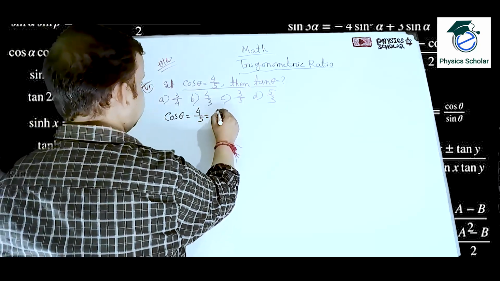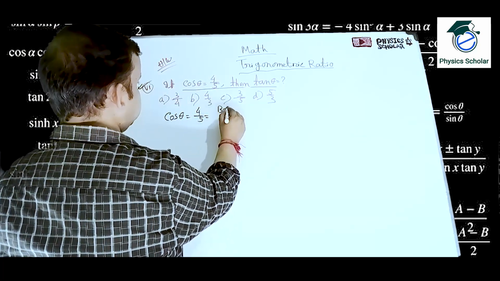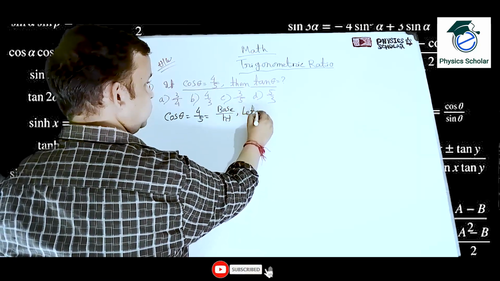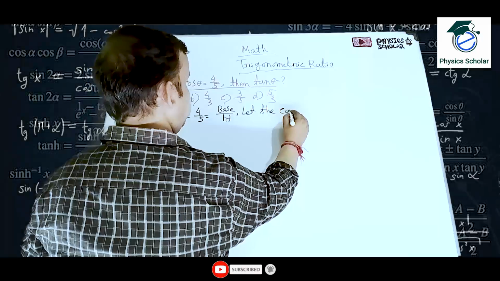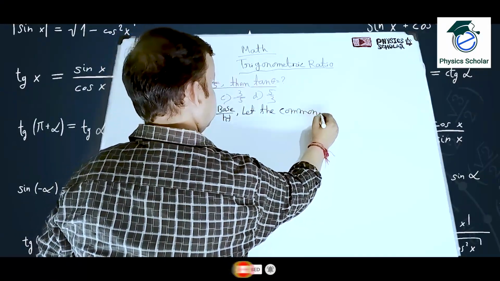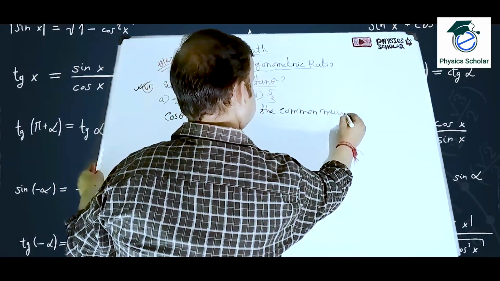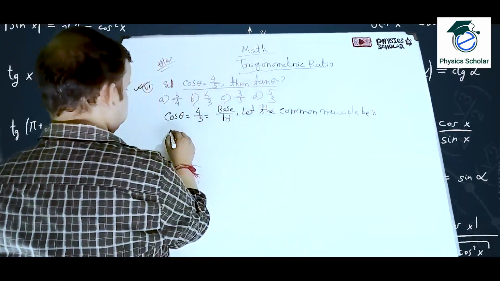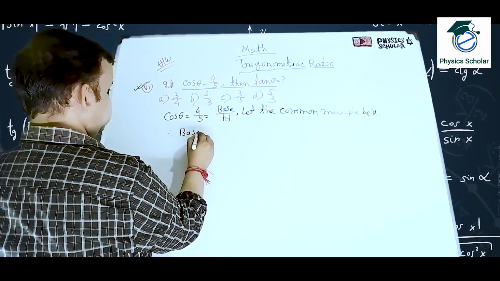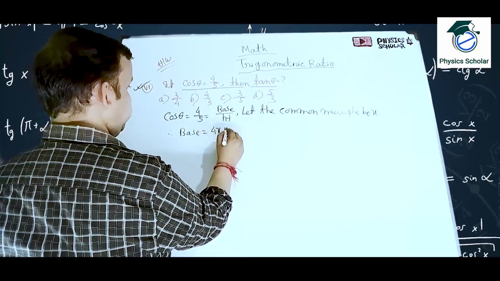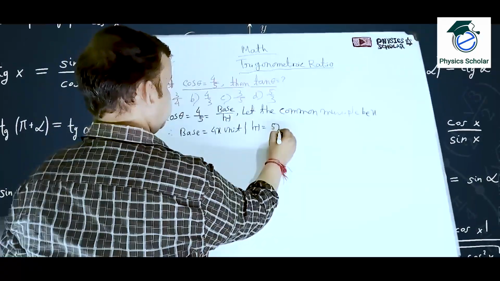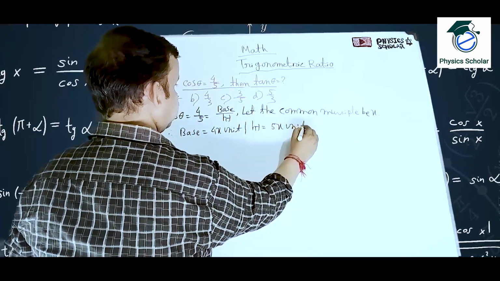Cos means what? Base by hypotenuse. So let the common multiple be x. So that means base is equal to 4x unit and hypotenuse is equal to 5x unit.